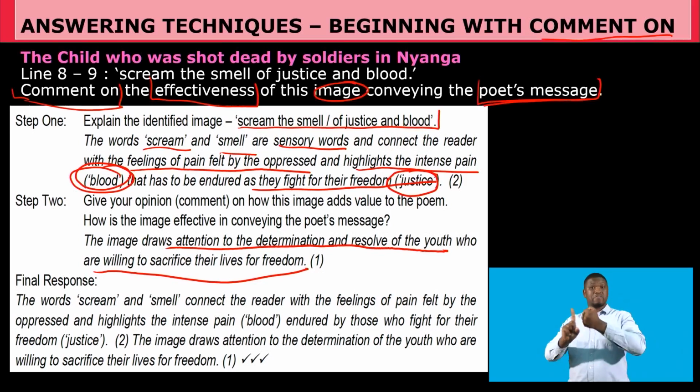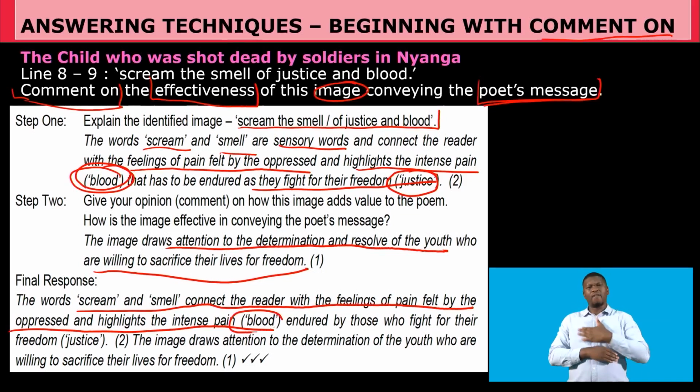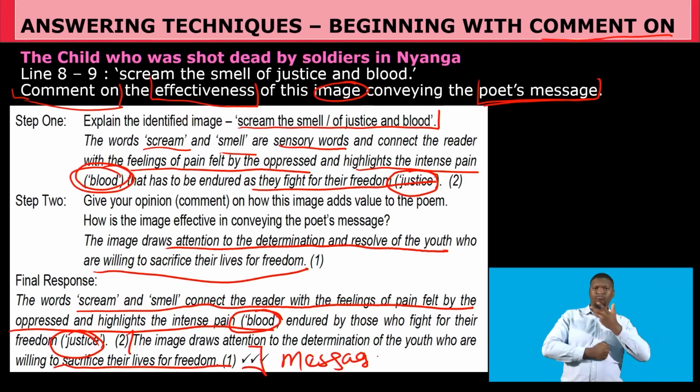Your final response: the words scream and smell connect the reader with feelings of pain felt by the oppressed and highlights the intense pain, blood, endured by those who fight for freedom, justice. The image draws attention to the determination of the youth who are willing to sacrifice their lives for freedom. So in this last component, we are dealing with the message of the poem, where here we've explained the image.